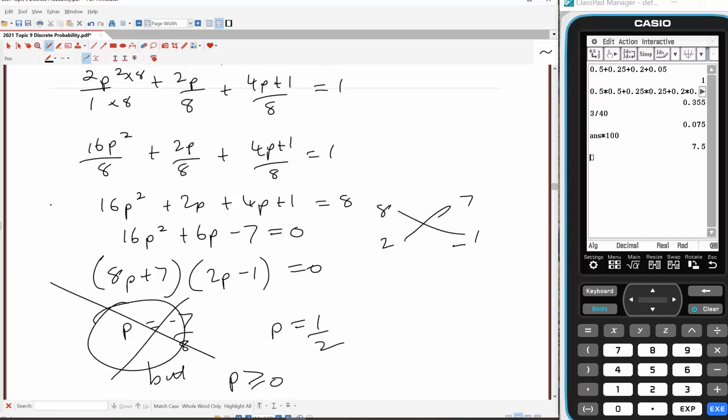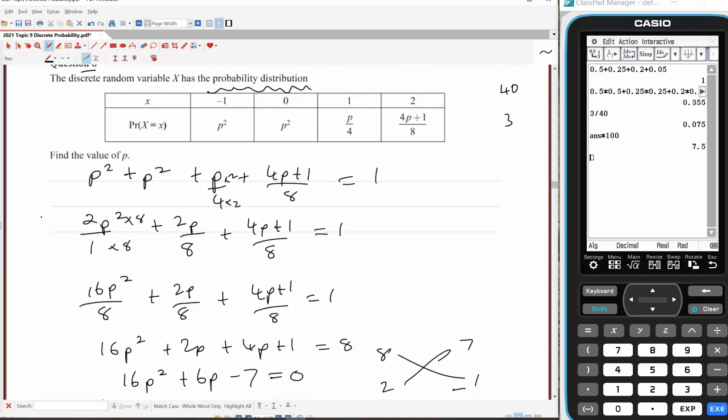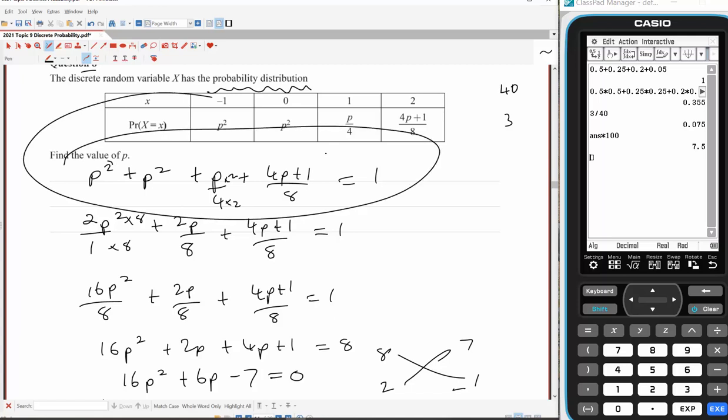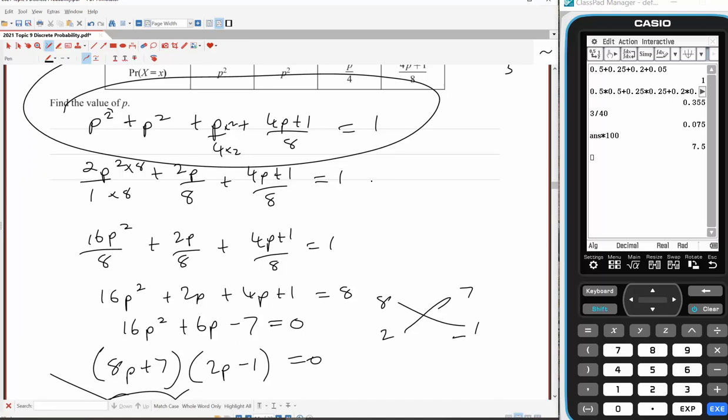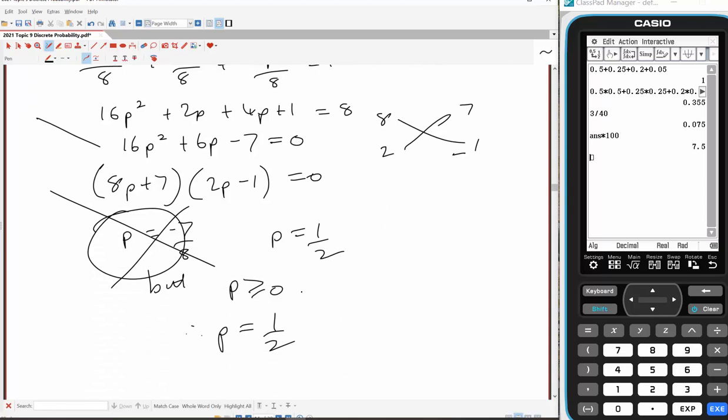Okay, so I'm guessing 3 marks for that: 1 mark for some attempt to put this together, another for maybe getting out the quadratic formula or the quadratic function, and then another mark for rejection and acceptance of a half.